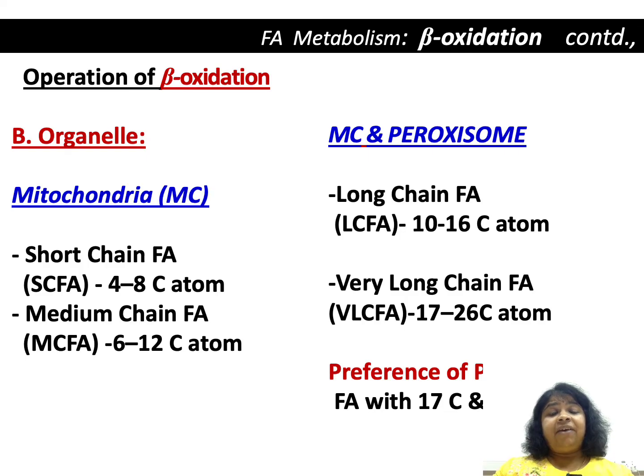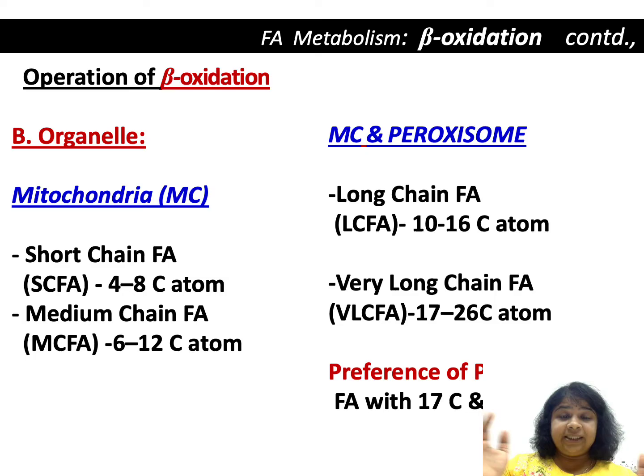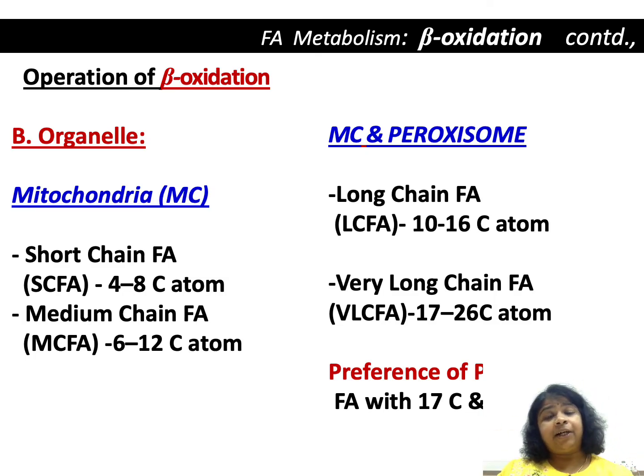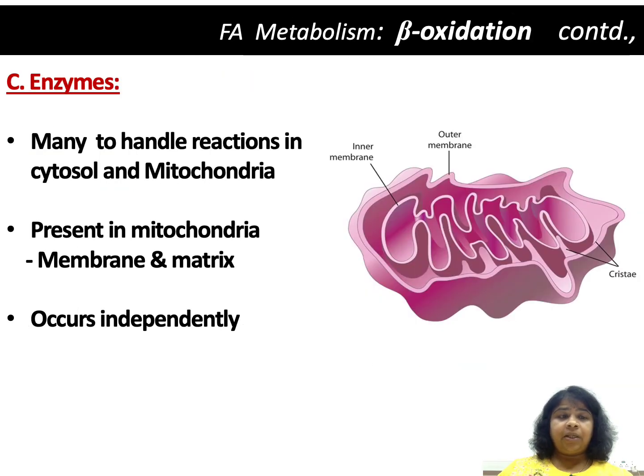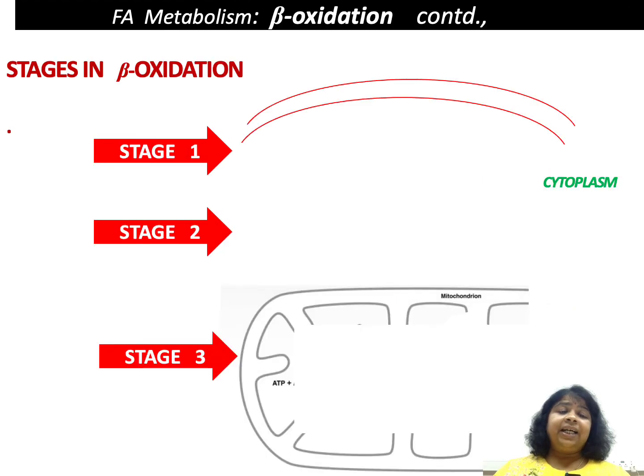And especially very long chain fatty acids, which are more than 16 carbon atoms, first enter into the peroxisome where part of beta oxidation happens for a few cycles, the chain length is shortened, and then these fatty acids enter into the mitochondria for oxidation. So the enzymes are present in the mitochondrial membrane and matrix. Again, there are 3 stages in beta oxidation.